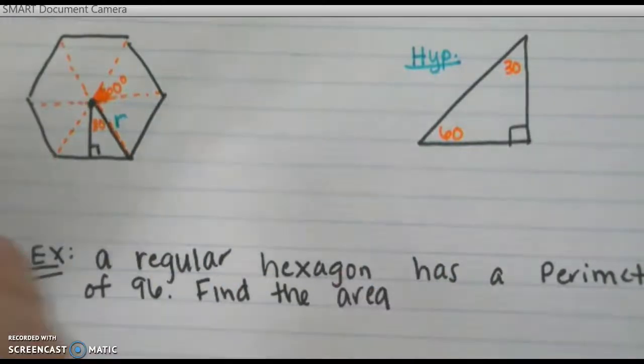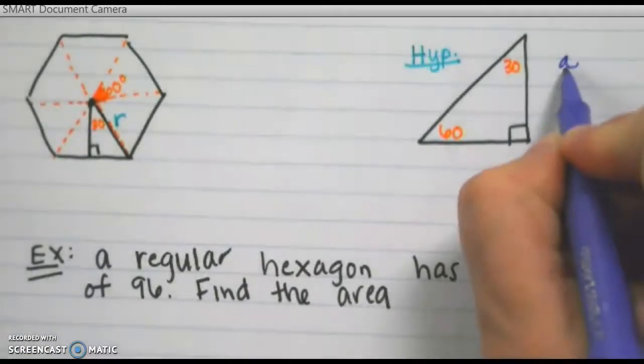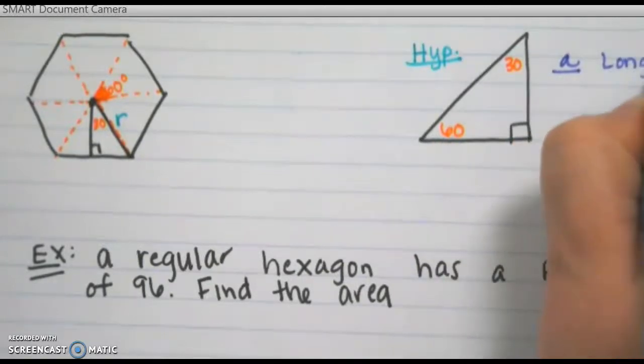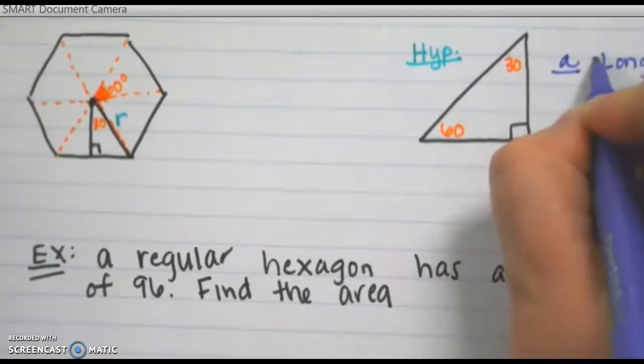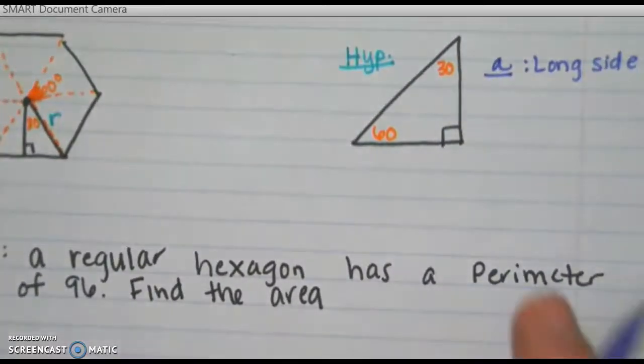The part that is your apothem, this side is going to be your A, and this is also going to be the long side. The apothem is going to be the longer of the two sides.